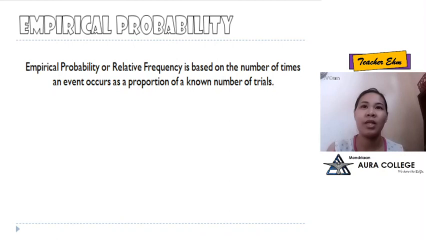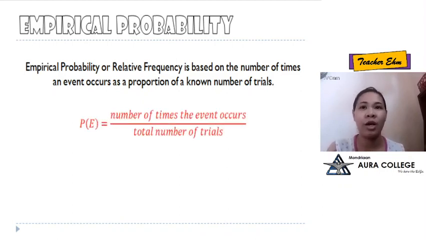Empirical probability or relative frequency, also known as experimental probability, is based on the number of times an event occurs as a proportion of a known number of trials. So, dito naman ang formula is probability of an event is equal to the number of times the event occurs over the total number of trials.